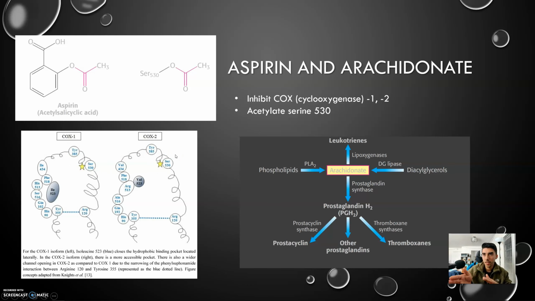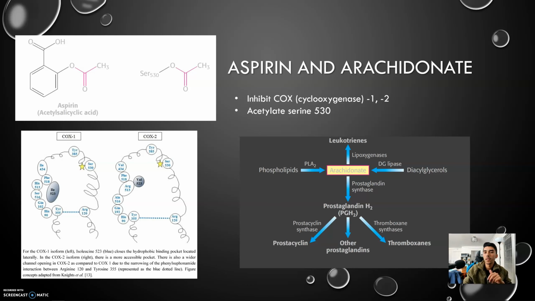As a result, it inactivates the enzyme irreversibly so that the arachidonic acid cannot feasibly enter the pocket of this enzyme and be transformed into the prostaglandins that we need for inflammation and thrombosis. So that gives you an idea of the mechanism of action of aspirin with respects to cyclooxygenase.